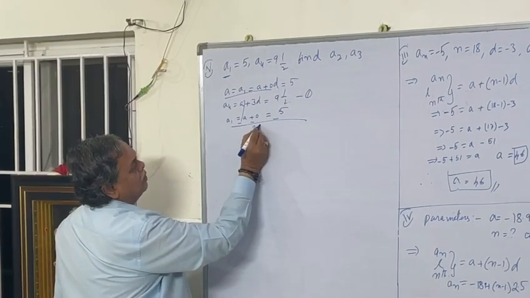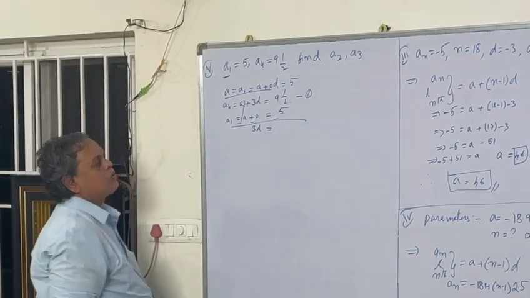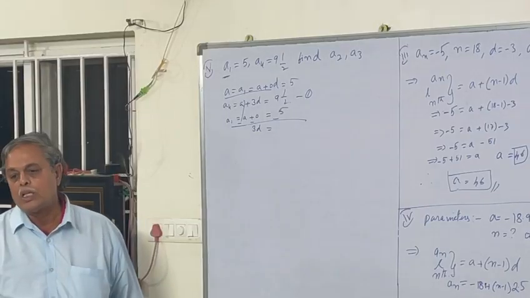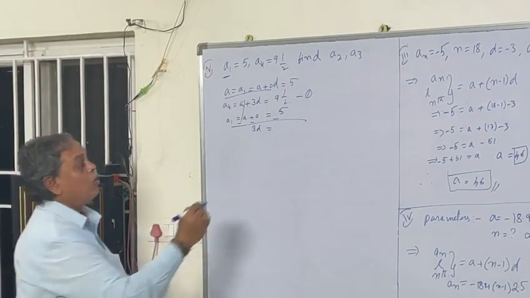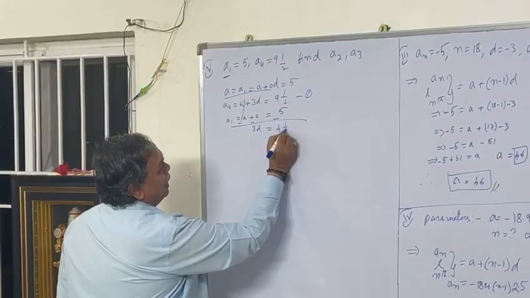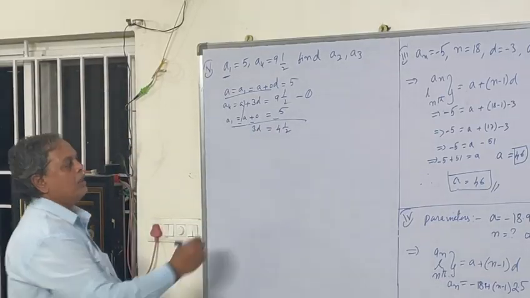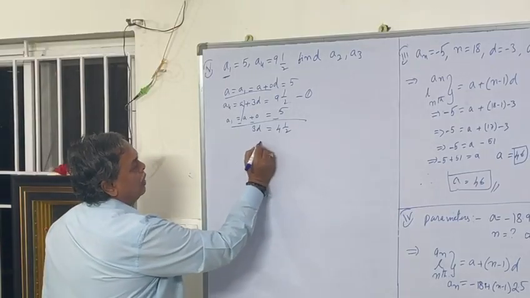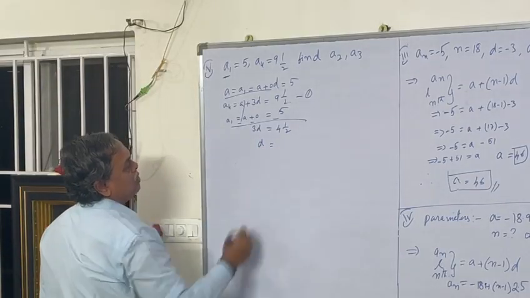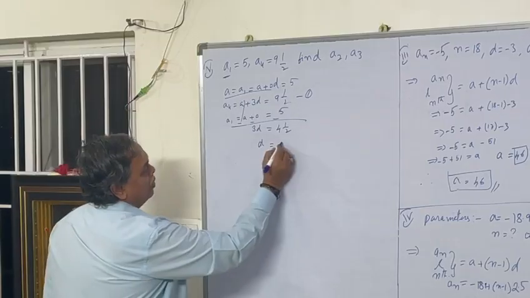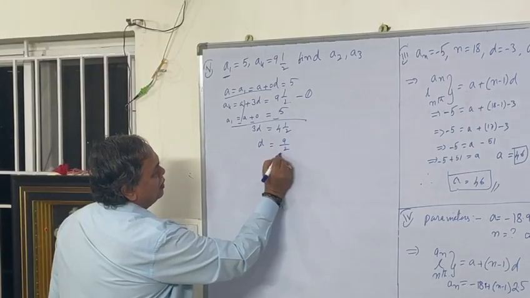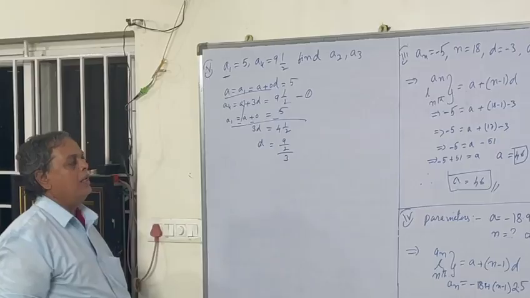Then 3D is equal to 9 1 by 2 minus 5, how much? 9 1 by 2 minus 5 is 4 1 by 2. Then what is D? D is equal to 9 by 2 by 3.